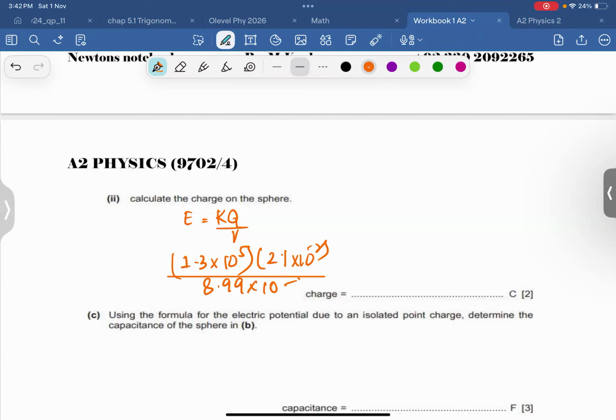So you will end up getting 1.3 exponent 5 into 2.1 exponent negative 2, divided by 8.99 exponent 9. I am getting the charge value as 2.9 exponent negative 8. Okay. So this is the value.